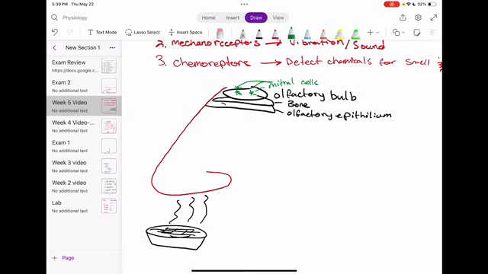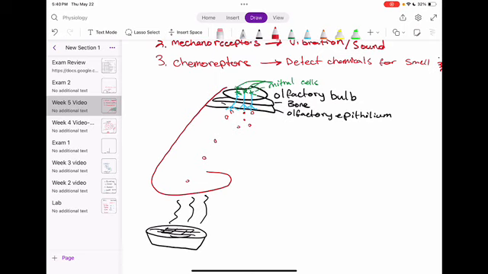And then we have these olfactory neurons that are running through here. There's a lot more than this, I'll just draw a couple. They synapse with those mitral cells. And so we have these particles of chemical that'll come up and we'll be able to smell them.